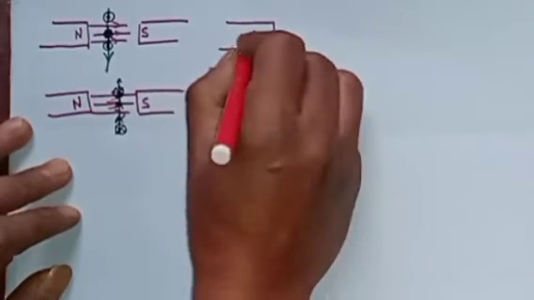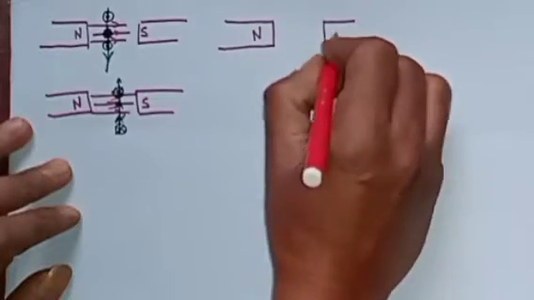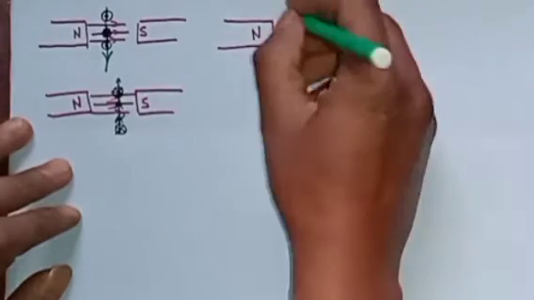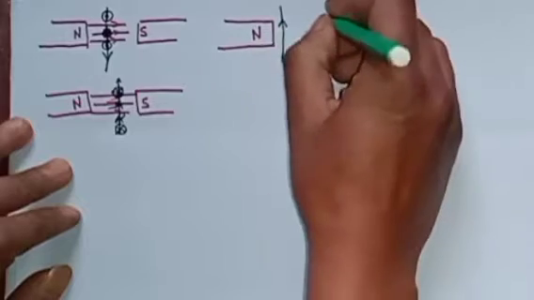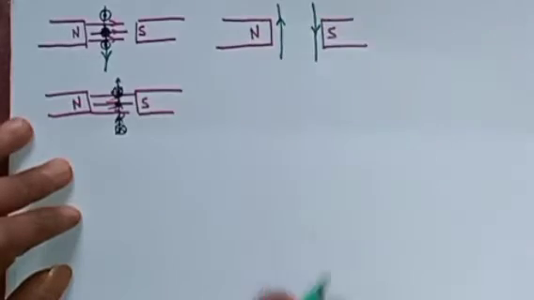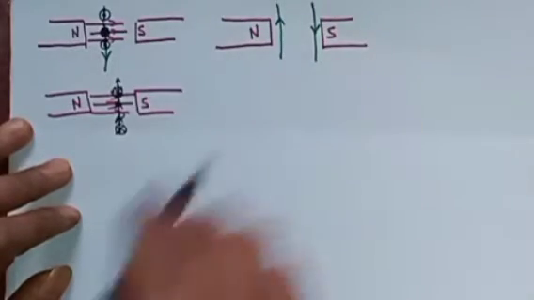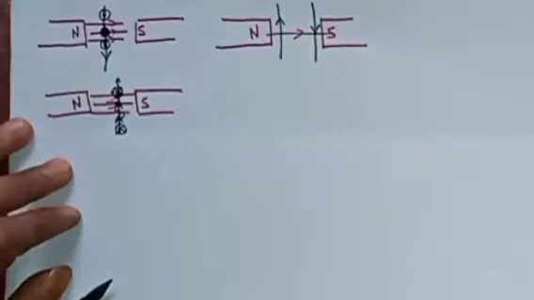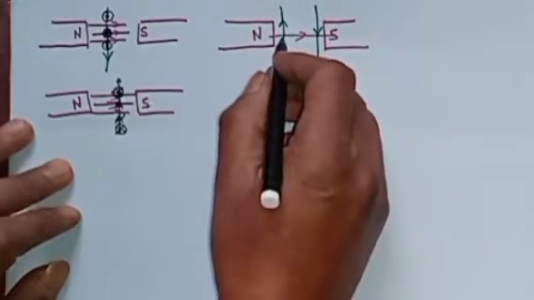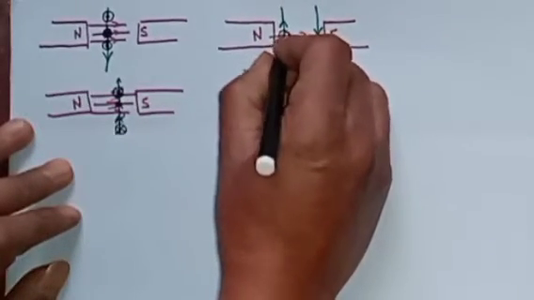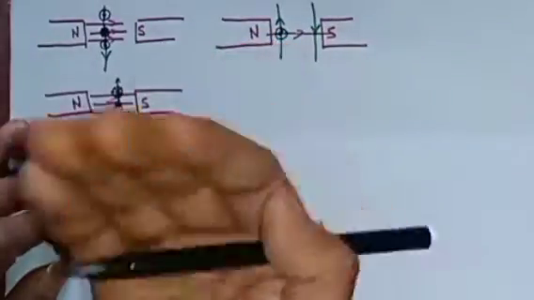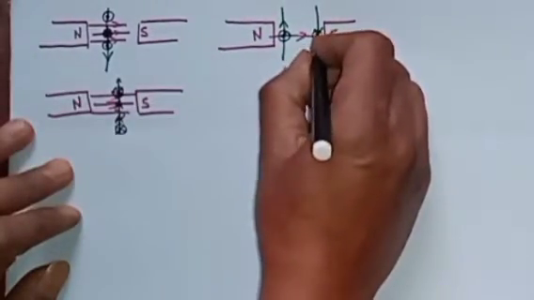Now let us suppose we have one wire going in the upward direction and the other wire going in the downward direction. This time I'm not drawing too many lines. So we know for this wire the magnetic force will be outward, and for this wire the magnetic force will be inward.